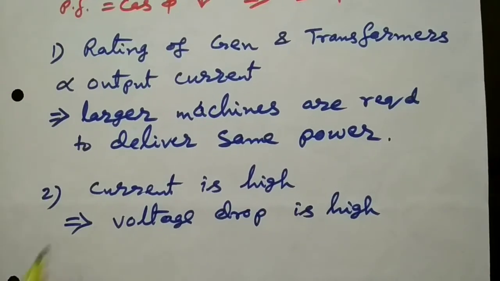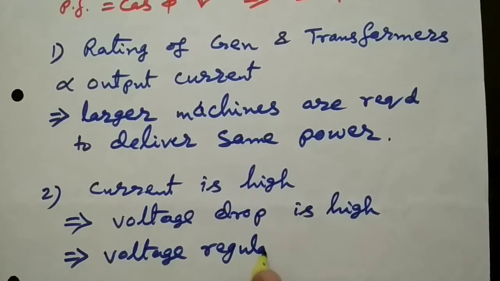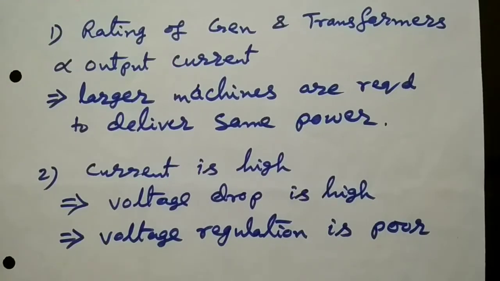Therefore, the voltage regulation will be poor. We'll discuss the voltage regulation in the chapter on transformers. So as the current is high, the voltage drop of the system will also increase. Therefore, the voltage regulation of the system will be low.